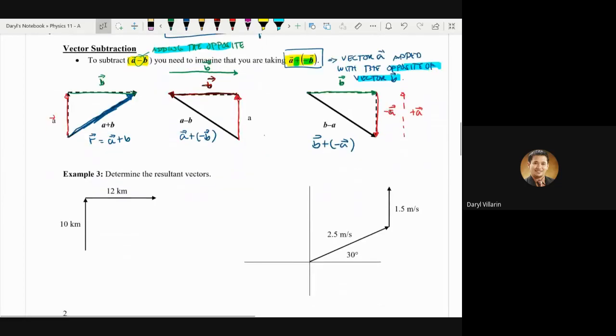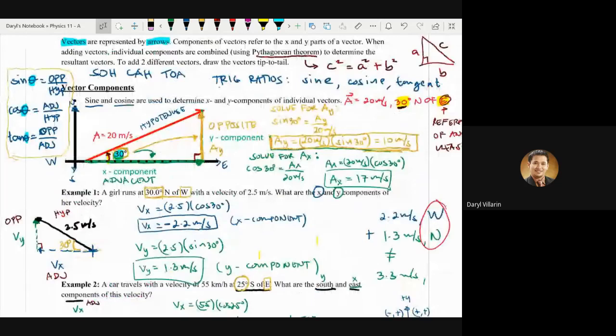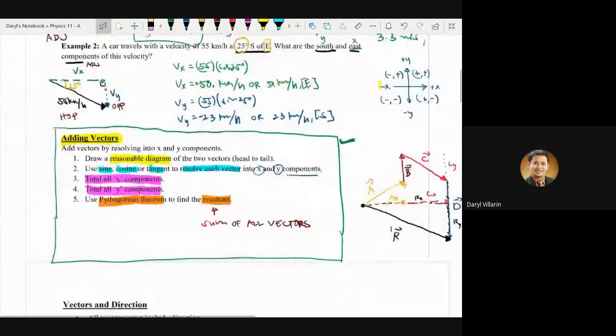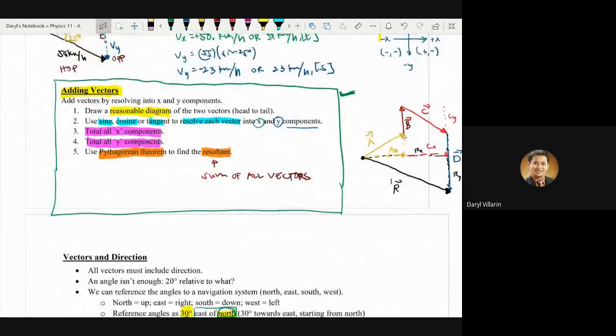It becomes simpler if you're just adding them, because we set up previously how to add vectors. We just have to place them head to tail.